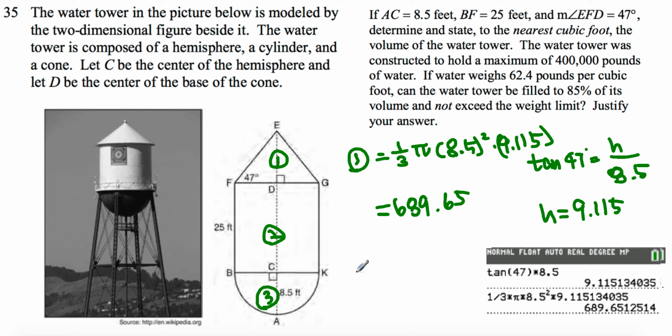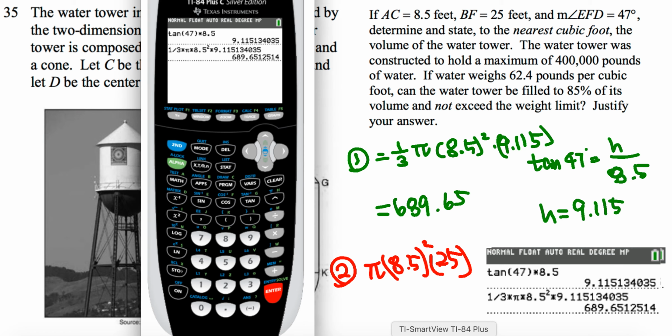Second one, how do you do it? The second one is the cylinder that we'll end up getting. So we get pi r squared h, which is pi times 8.5 squared times 25.